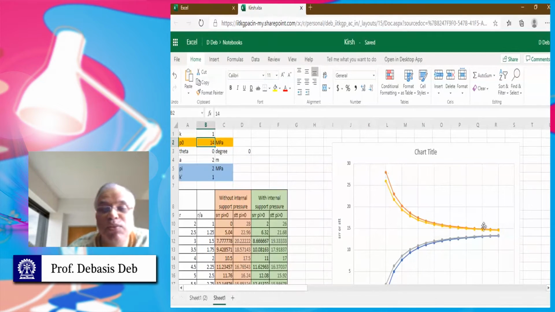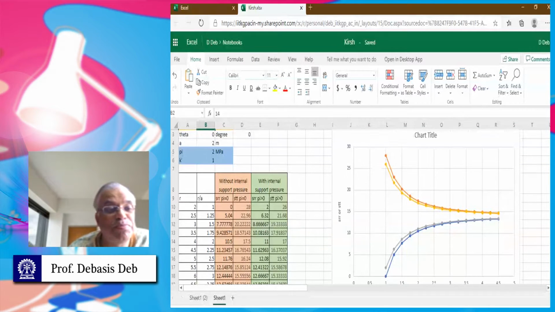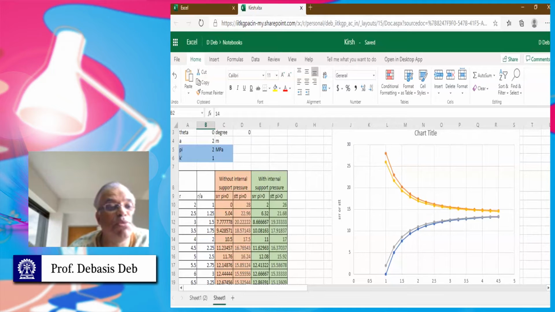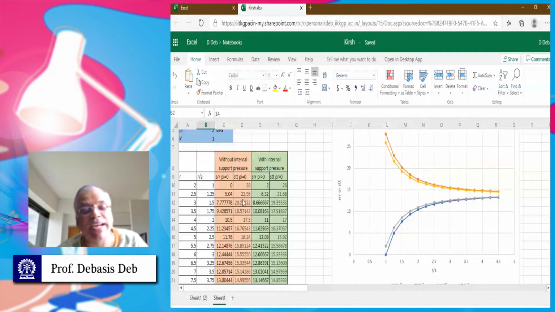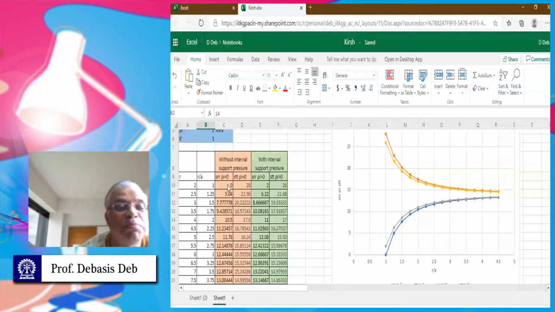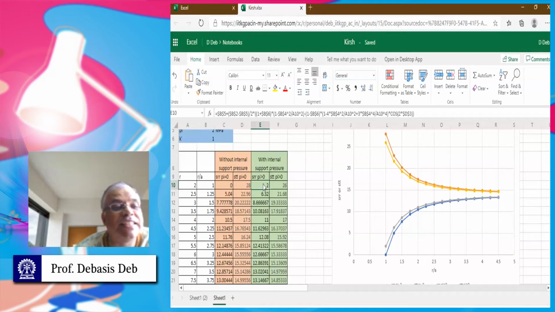These two columns are without internal support pressure. So this was 28 and the bottom one is 0. Now when I applied 2 MPa as support pressure, what happens, you see at the boundary I will now have 2 MPa because this is what I have applied. So now the equation is changed, whatever equation I gave you.